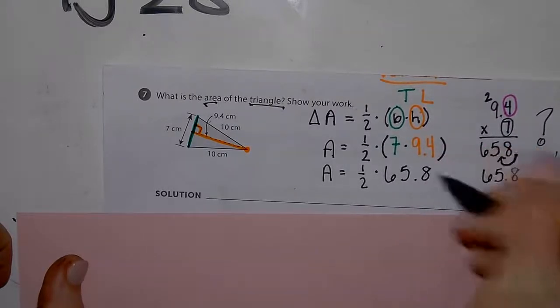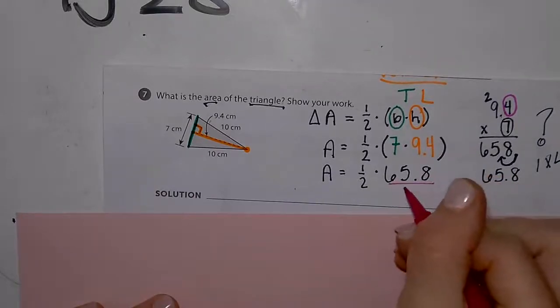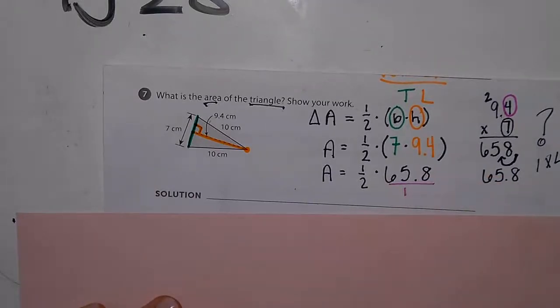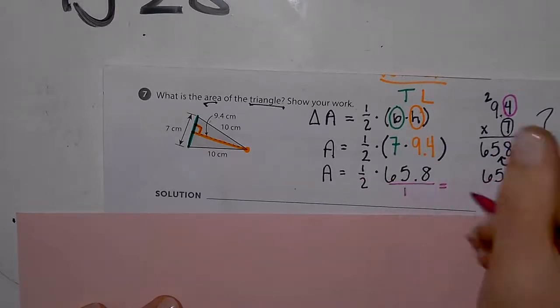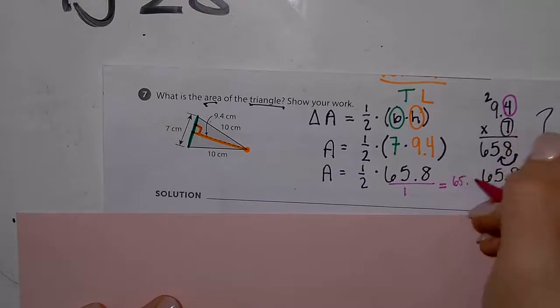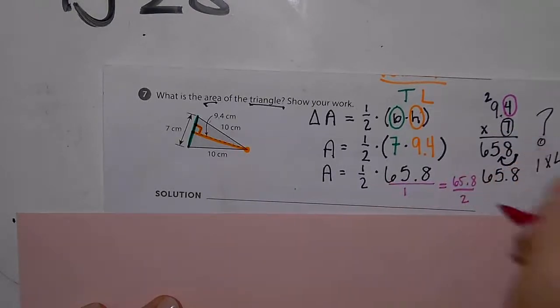65.8 times 1/2. How do I multiply a fraction by a decimal? Same way you multiply a fraction times a whole number. You put the whole number over 1. We multiply across. 1 times 65.8 is 65.8. 2 times 1 is 2.